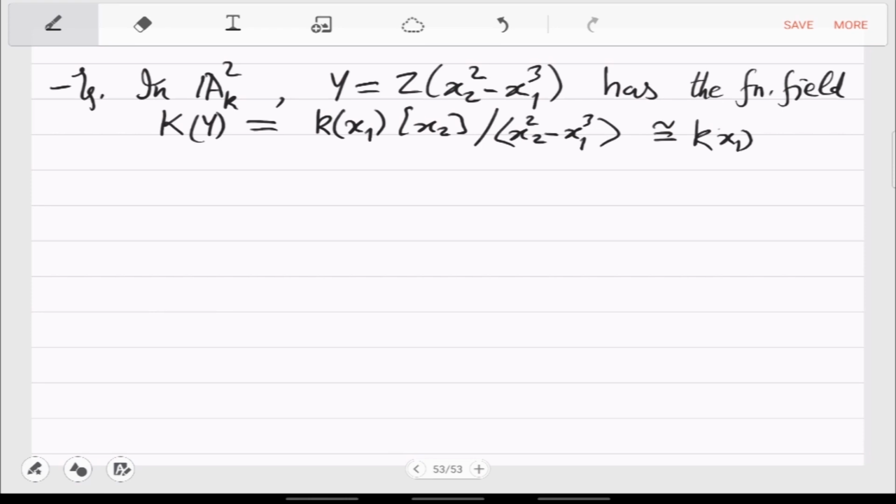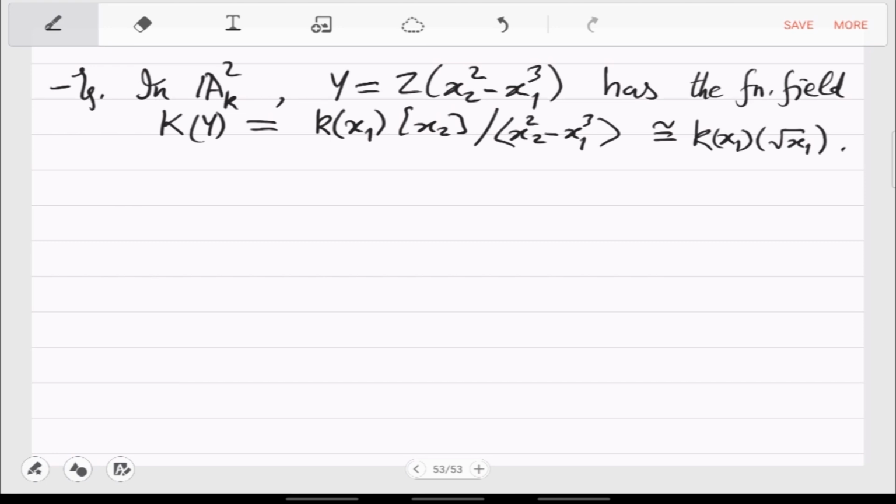You are actually introducing x1 to the 3 by 2, which is the same as x1 to the half. So that is the biggest set of functions which are defined somewhere.